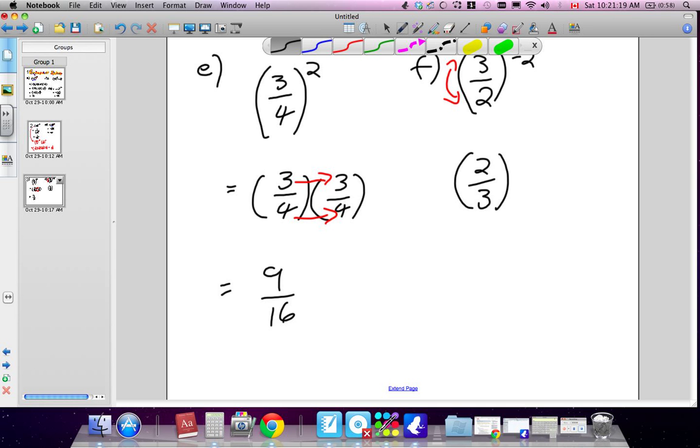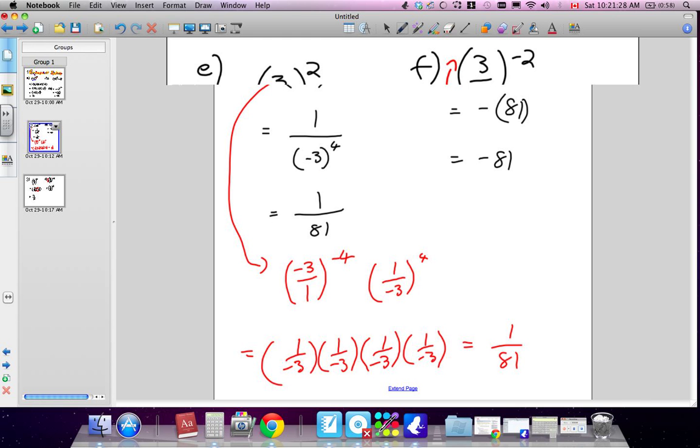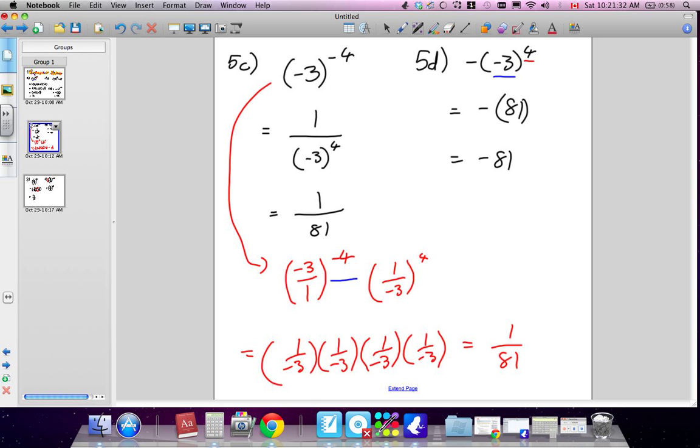When I flipped this fraction and it made the exponent positive, I applied it 4 times to everything. The only thing is when I applied it to the number 1, it didn't change the 1. It changed the bottom because we had negative 3. So this is why it's easier: if we always think of things in fractions, these questions will actually make a lot more sense.